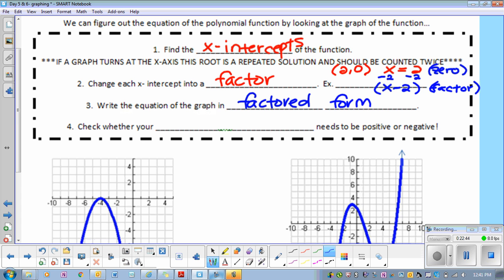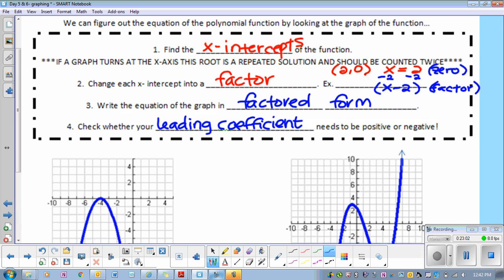The last thing you do need to check is whether your leading coefficient, so way in the beginning, your A, needs to be positive or negative.